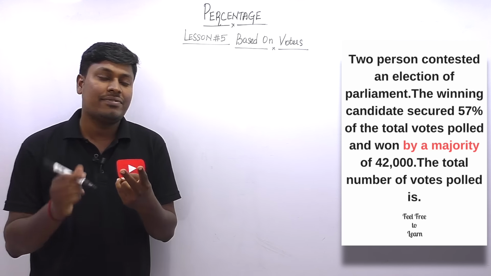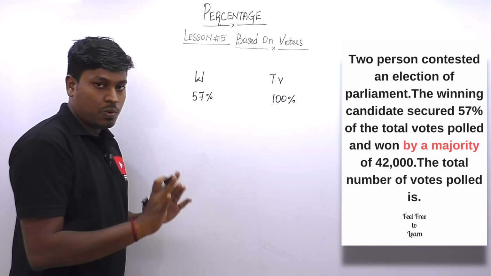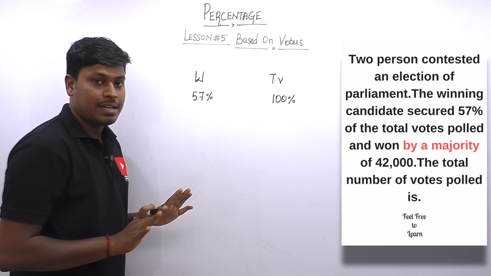So listen here friends, the data they have given is the winner percentage, which is 57. And always remember that the total votes cast should be 100%. So we are always taking the total votes cast as 100%, assuming a base value of 100%.